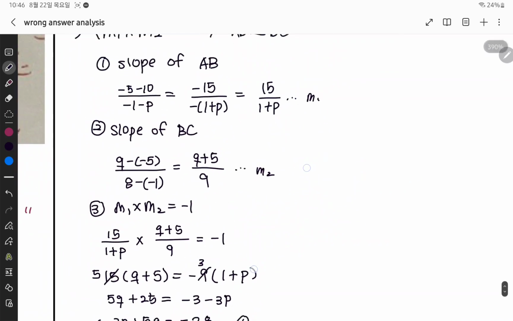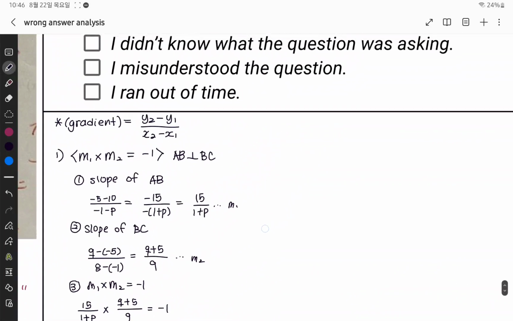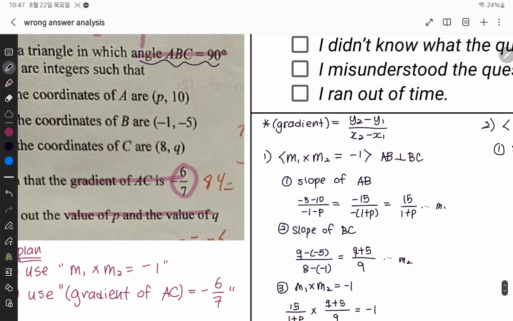So my second step is about using the gradient of AC, which was minus 6/7. I'm going to calculate the slope of AC, using Q as my y2 and 10 as my y1, 8 as my x2, and P as my x1.